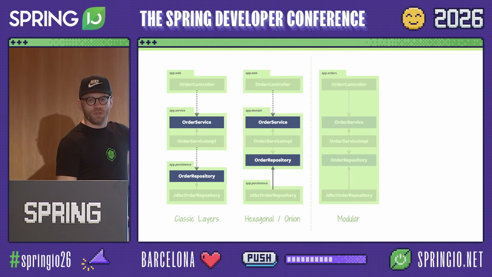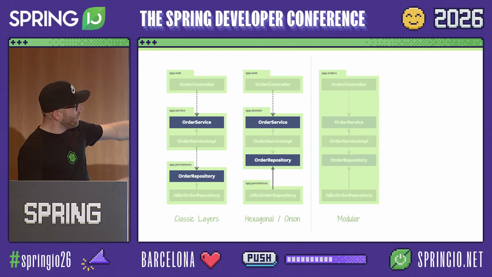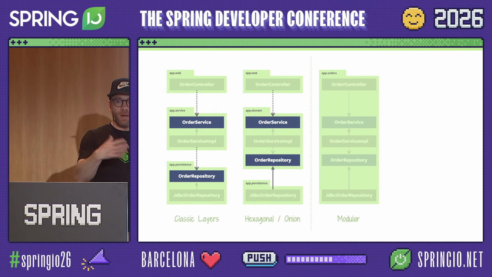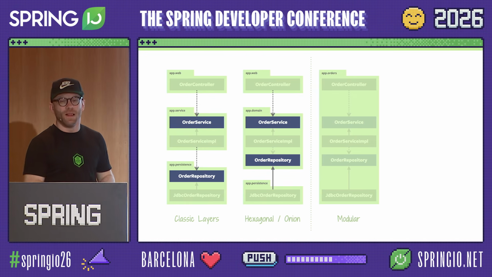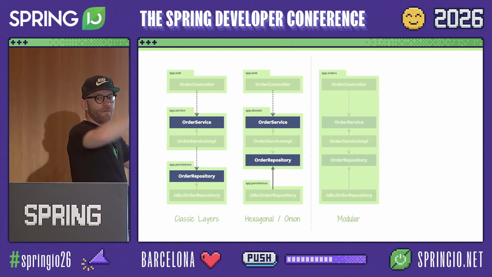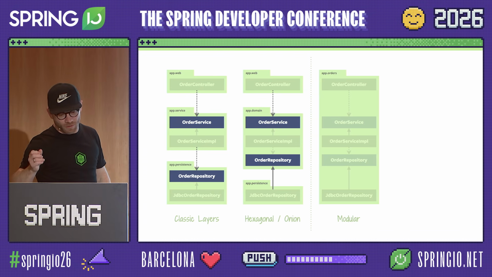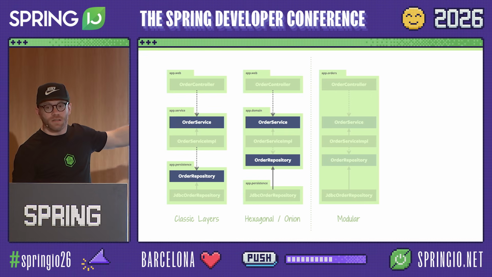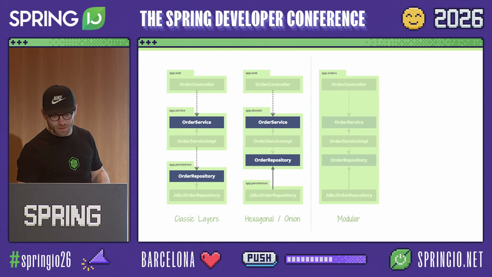You have to expose these interfaces to the other concept to make it accessible. For the JDBC order repository to implement the repository, it needs to be public, which means it's also public to everyone else in the system, right? And it doesn't have to be for the single package approach here.